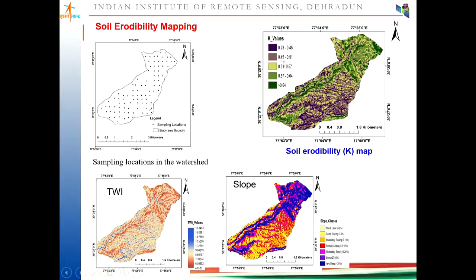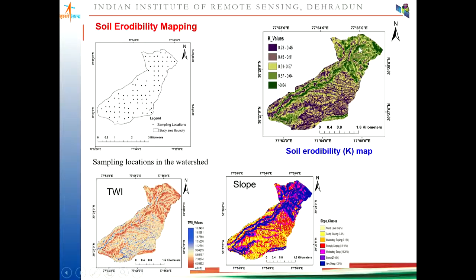You see, the darker value shows the lowest soil erodibility, and the green value shows the highest soil erodibility.